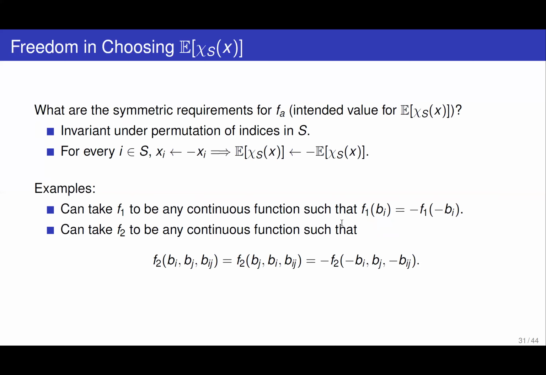So f1 should be an odd function. And we can take f2 to be any continuous function such that f2 of bi, bj, bij is equal to f2 of bj, bi, bij. So this corresponds to permuting i and j, and it should also be equal to minus f2 of minus bi, bj, minus bij. And this corresponds to flipping the variable xi.